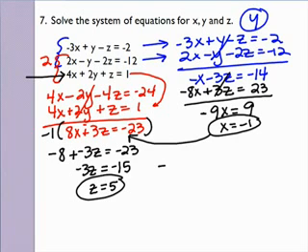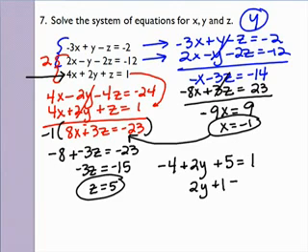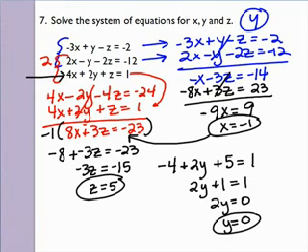So I get negative 4 plus 2y plus 5 equals 1. So 2y plus 1 equals 1. So 2y equals 0. Don't freak out because remember 0 is a number. So y equals 0.